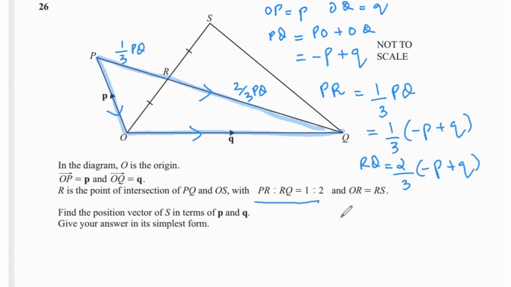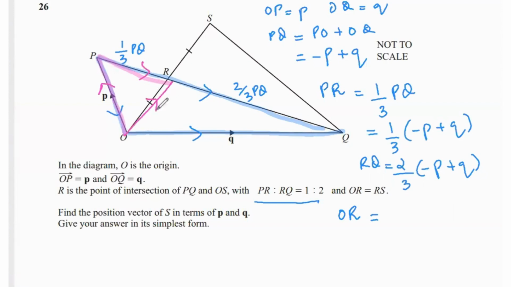Now, next, I'm going to find OR. To find OR, I'm going to use OP to PR because we have these two vectors, so it's ideal that we use this direction.